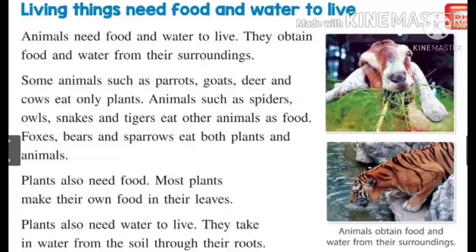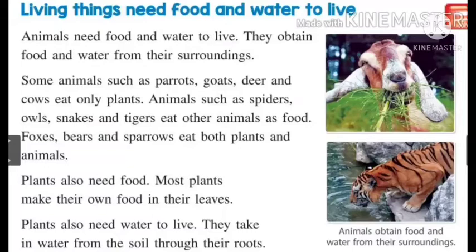Plants also need food. Most plants make their own food in their leaves. Plants also need water to live. They take in water from the soil through their roots. So, as we can see, all the living things need food and water. Some animals eat only plants.